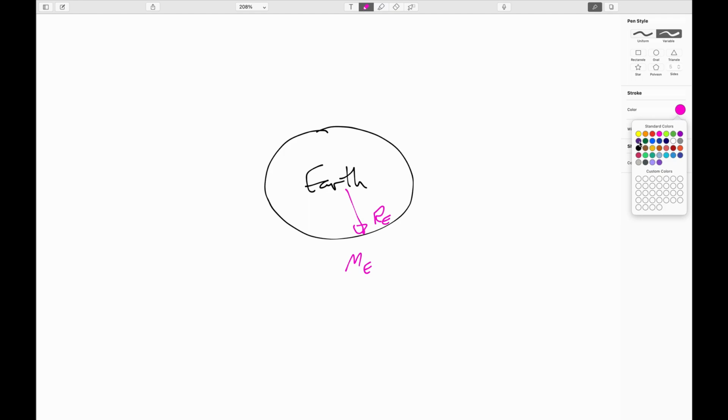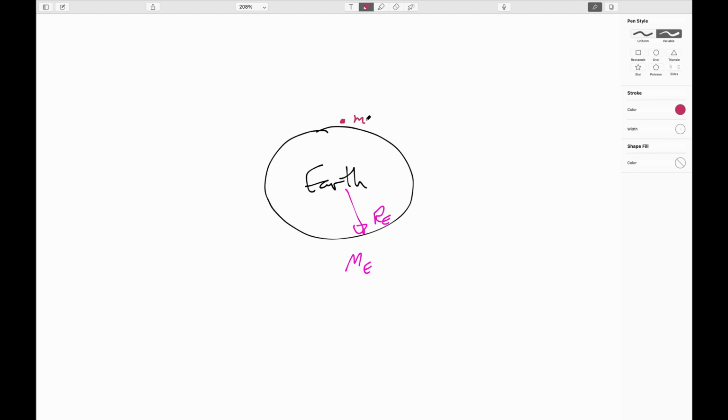And we can think about dropping some rock near the surface of the Earth. I actually want it to be a lot closer than that. Something like that. I want this to be close enough.